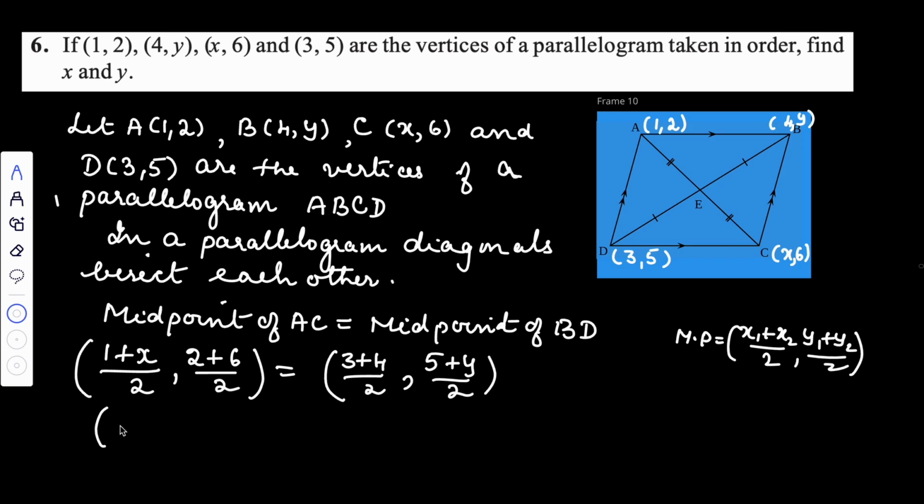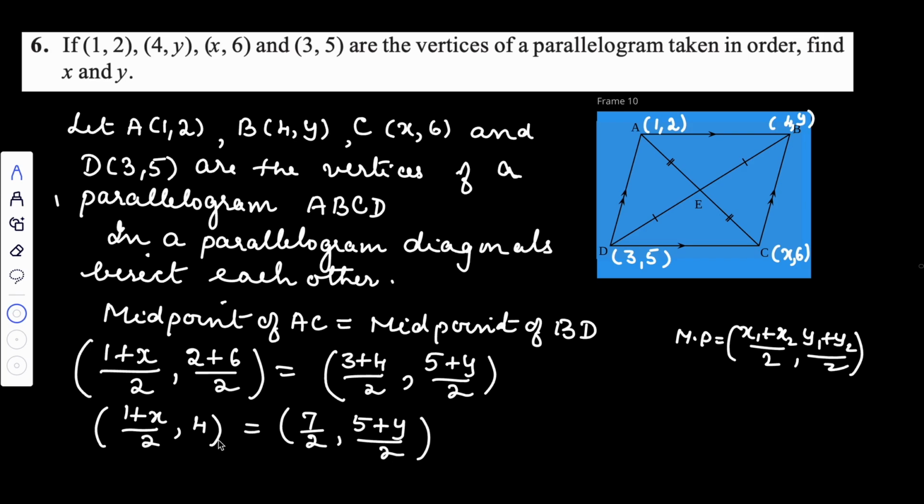Here we'll get (1 plus x) by 2, 8 by 2 is 4, is equal to 7 by 2, and here (5 plus y) by 2.